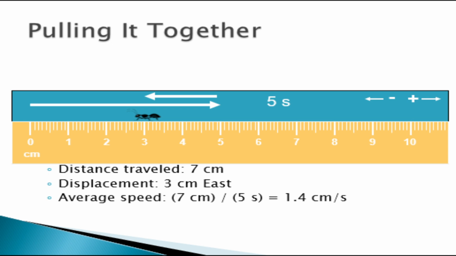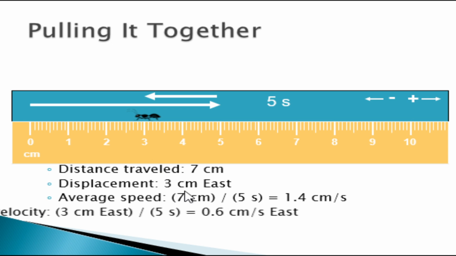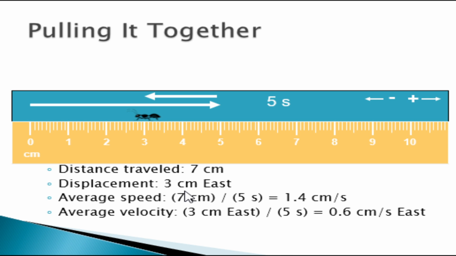If we are trying to find the velocity of the ant, we will use the displacement and the time taken for the ant to reach point 3, or the 3 centimeter mark. So we will now use the displacement, which is 3 centimeters east, divided by 5 seconds.